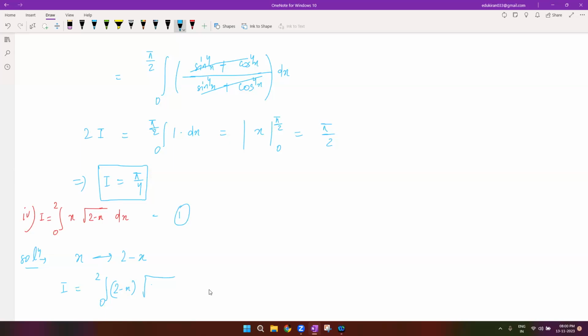So this becomes 0 to 2, this is 2 minus x, and this is x. Now we go and add 1 and 2.